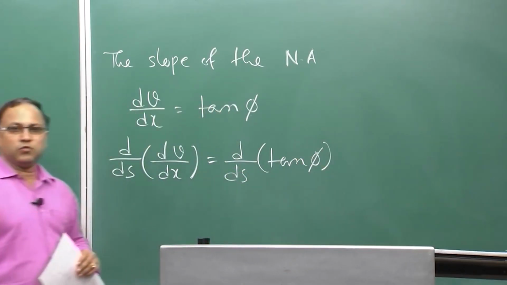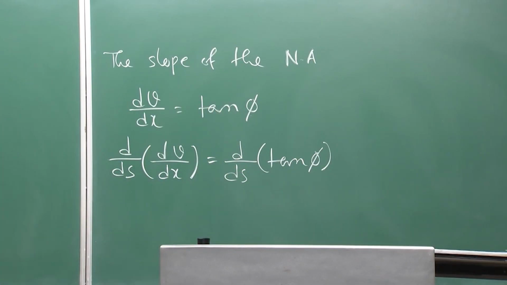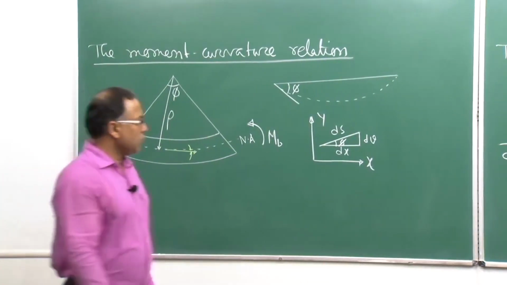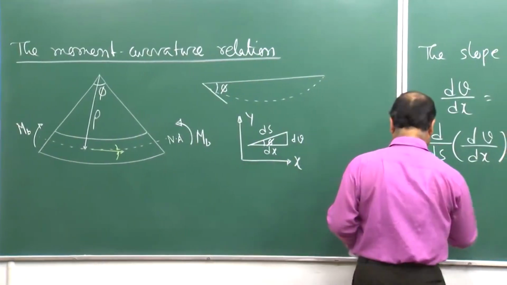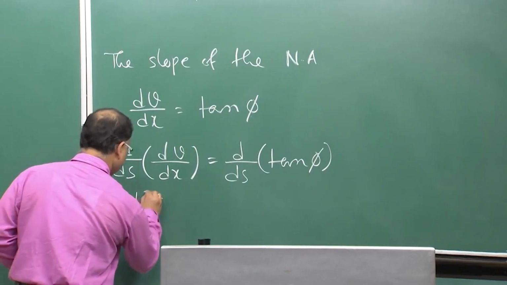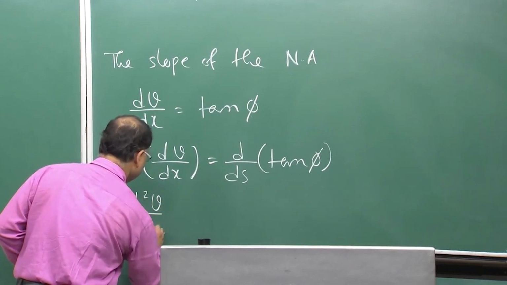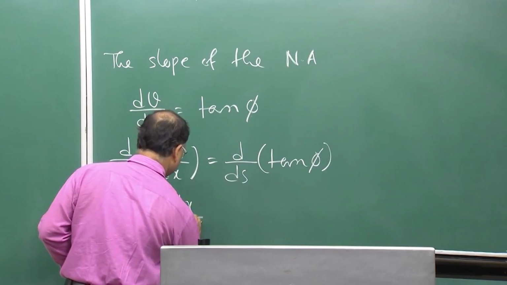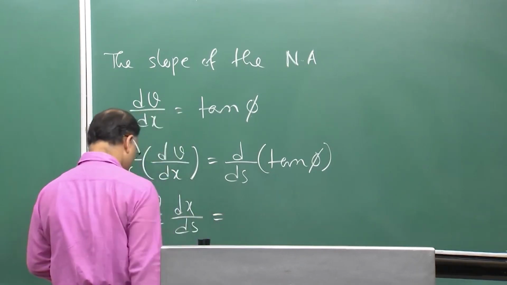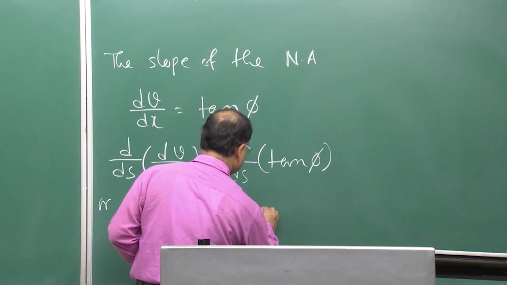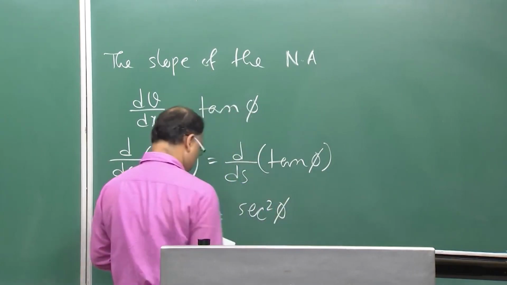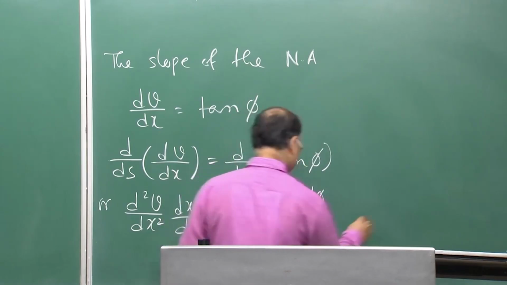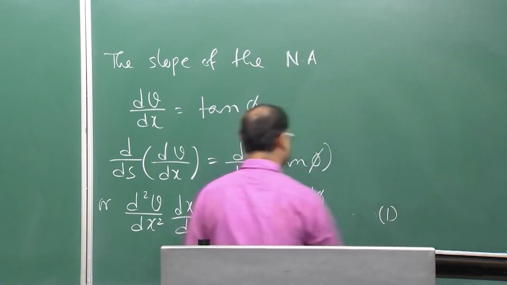We are doing the differentiation with respect to curved length ds on both sides. This can be written as d2V/dx2 times dx/ds is equal to sec square phi times d phi/ds, say equation 1. Agreed?